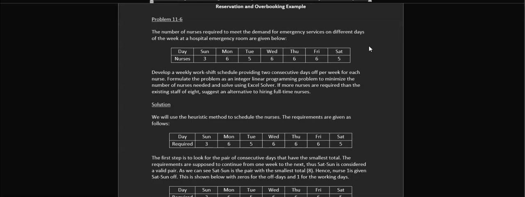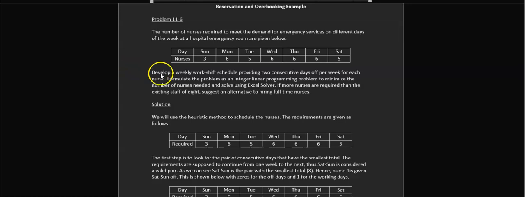Now when it comes to running a business with skilled labor, and you can't just plug anybody in to do any of the work, you have to be more prudent about scheduling who's working on which days, and you don't want people sitting around unused because you are wasting money, and you don't want too few people because then you have a serious customer satisfaction problem and you're simply not getting the work done.